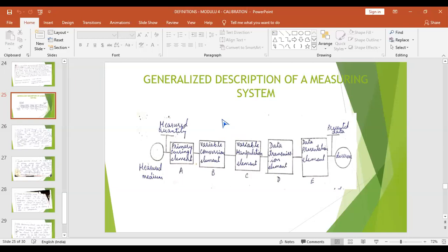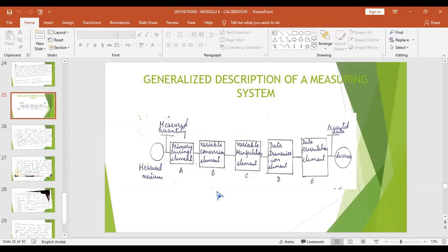For that reason, strain doesn't have any units. Next, come to the point: the cantilever beam. Apply the load on the cantilever beam. One end of the cantilever beam is fixed, the other end is open. At the open end, apply the load on the cantilever beam.